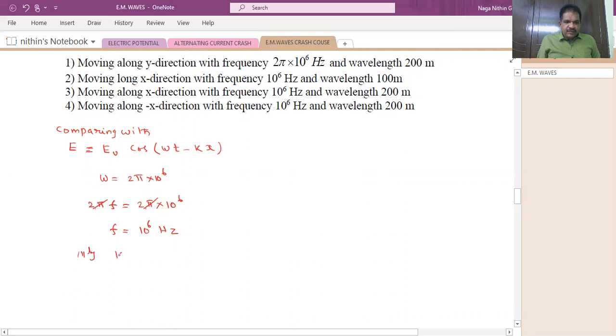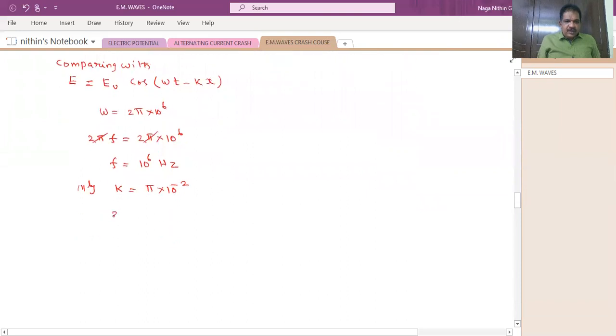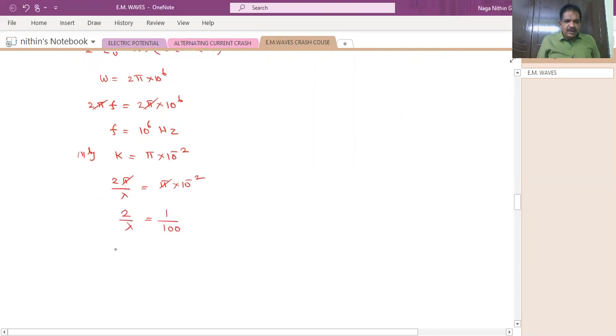Similarly, k is equal to pi into 10 power minus 2. K value is 2 pi by lambda, which equals pi into 10 power minus 2. So 2 by lambda is equal to 1 by 100. That implies lambda is equal to 200 meter.